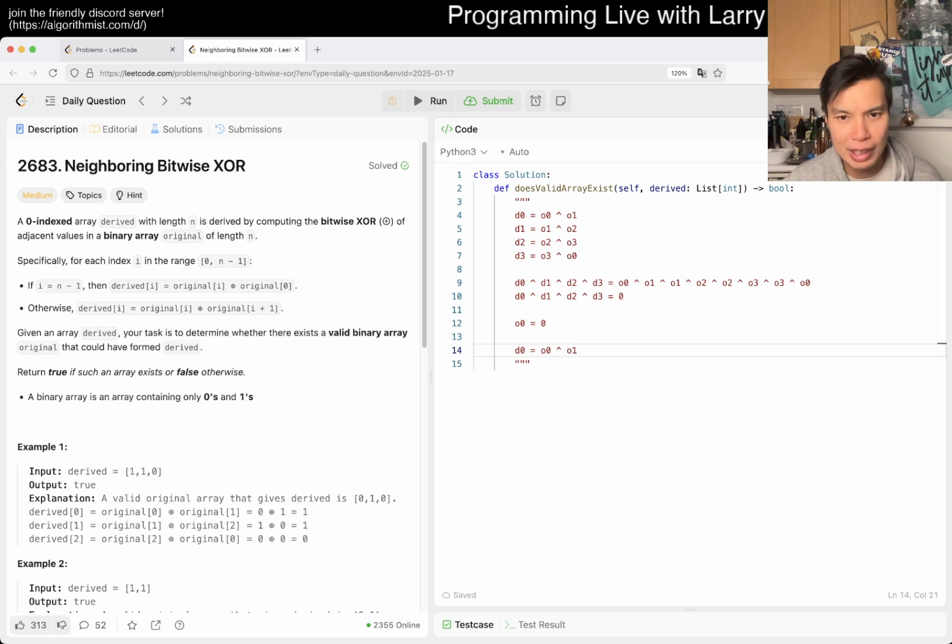And as a result of this, we know what D sub 0 is, we know what O sub 0 is, so that means that O of 1 can be one thing. You just do the formula. So then this leads to O of 1 is equal to O of 0 XOR D0, right? And then now we solve for this, because it's just a calculation, then now you could look at the second formula, right?